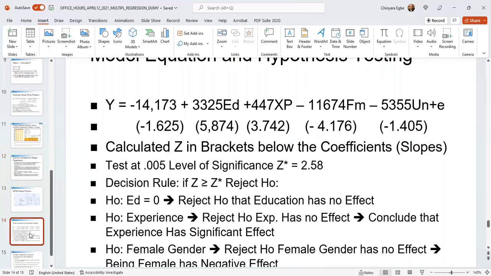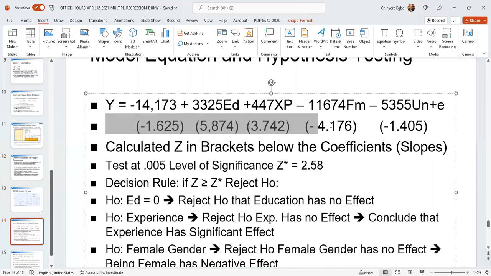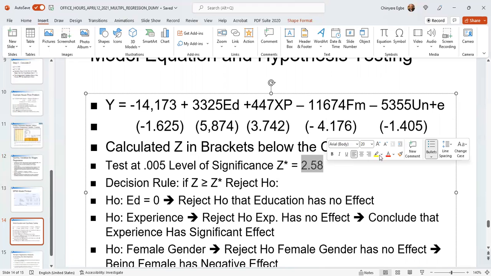our null hypothesis is that these variables have no effect, and you can see all the Z calculations are in brackets. We're testing at 0.005 level of significance, and so our critical Z value is 2.58. And the decision rule applies.